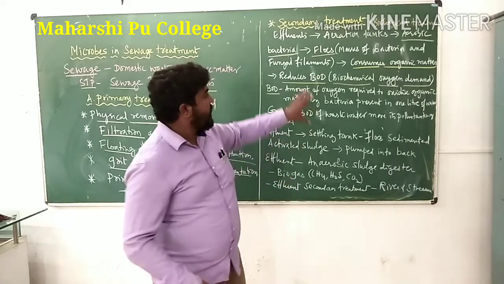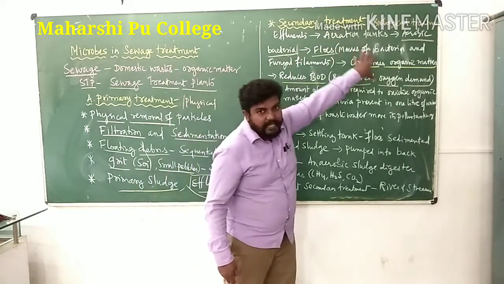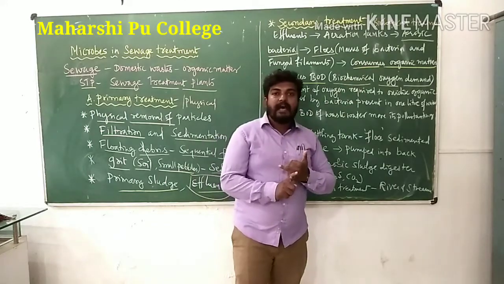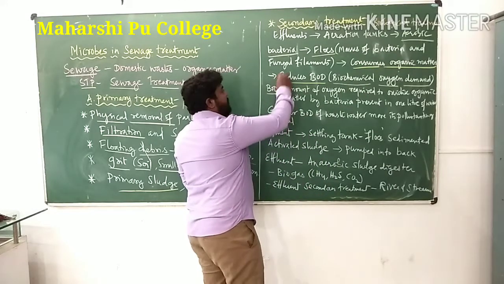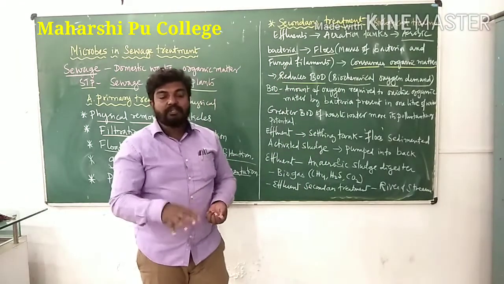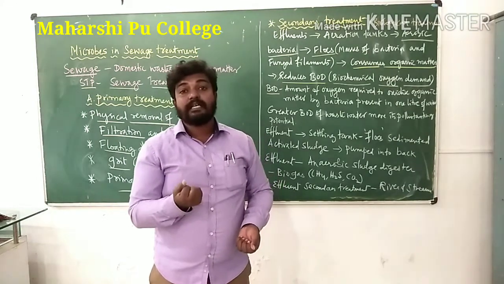So here the aerobic bacteria consume the organic matter, which reduces the BOD. The BOD keeps reducing. There will be demand for oxygen.